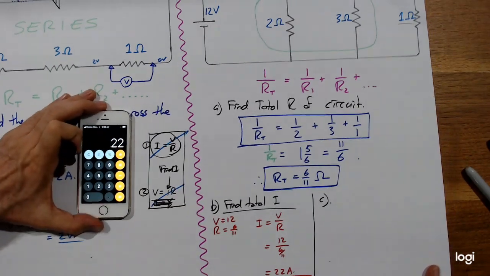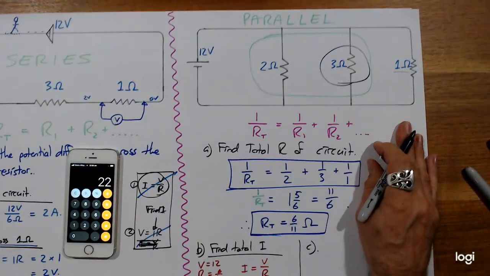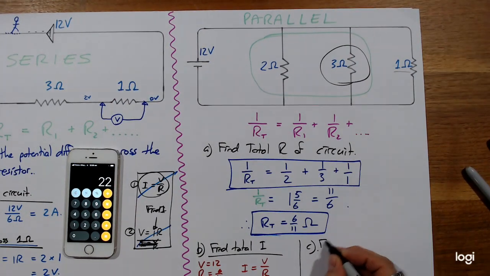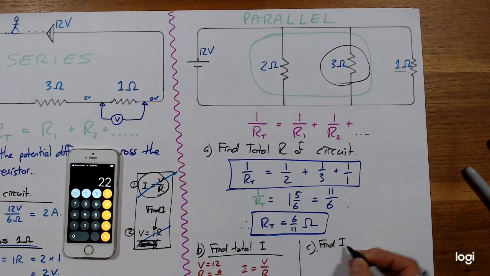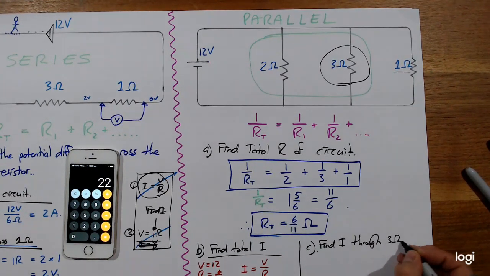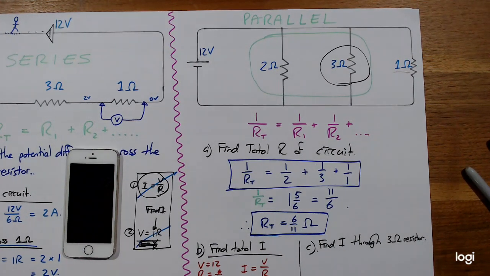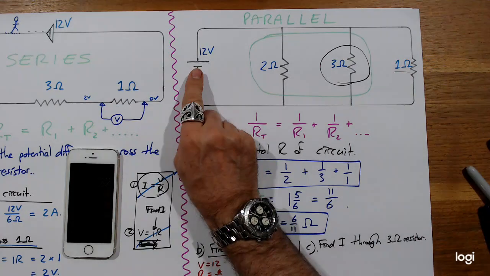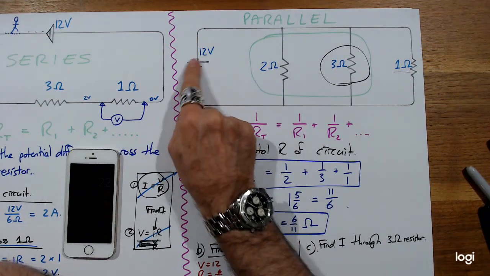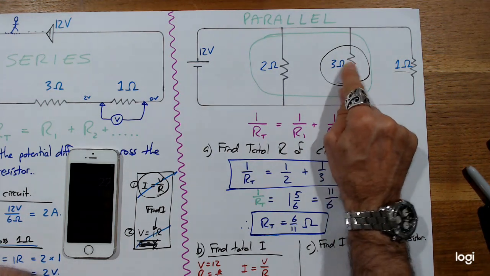This is where they normally ask you about one of these branches. So let's pick on this one, right? The 3 ohm. Find the current through the 3 ohm resistor. By the way, if they ask you to find the voltage across that, that's a very easy answer because we did this in another video, right? 12 volts, all of the electrons that go this way are only going to go through that 3 ohm resistor.